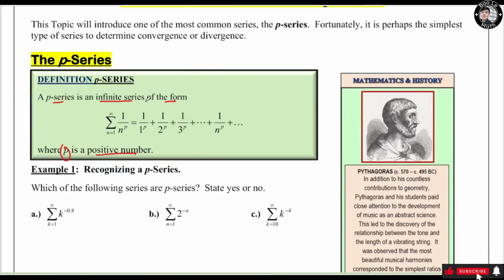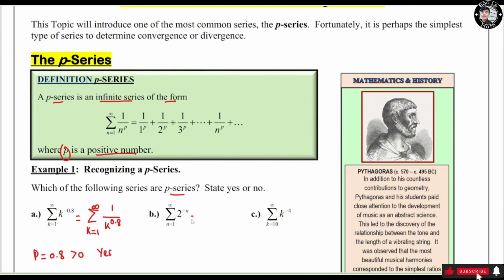Now, example number 1. Which of the following series are P series? We need to rewrite this one as sigma when k equals 1 to infinity of 1 over k to the 0.8, right? So p equals 0.8 and it's positive, so you say yes.